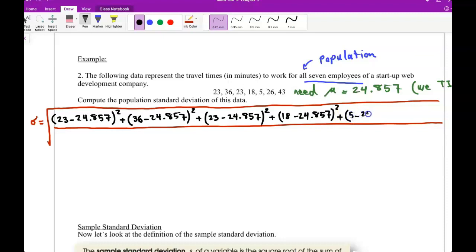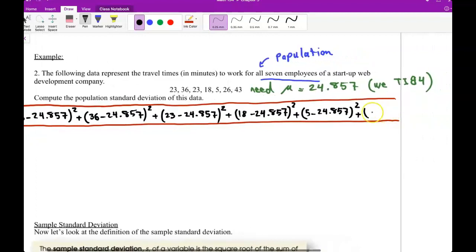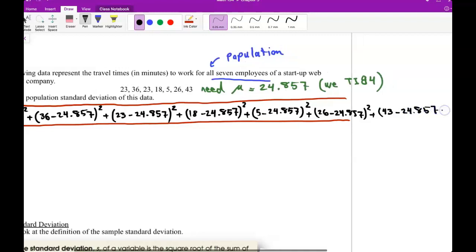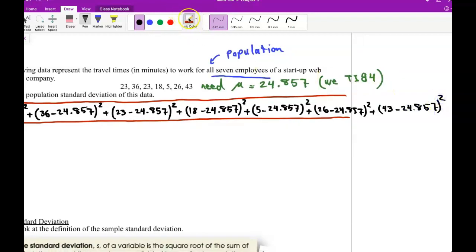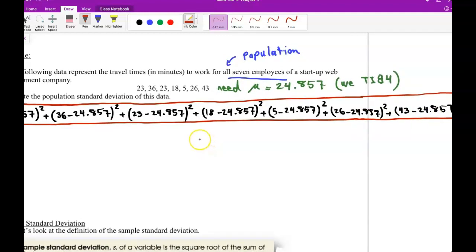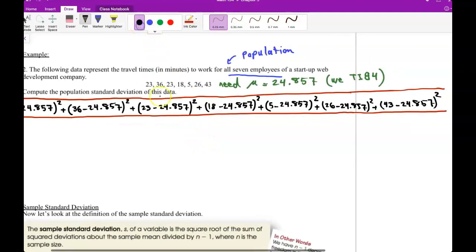And finally 43. And divide by n, which is the number of observations or population size.